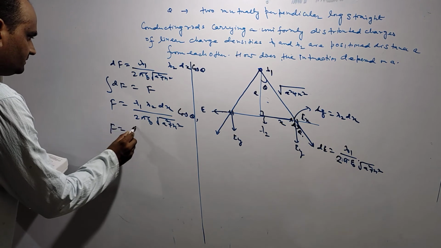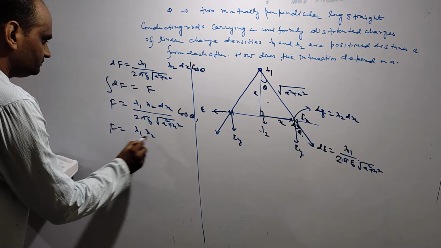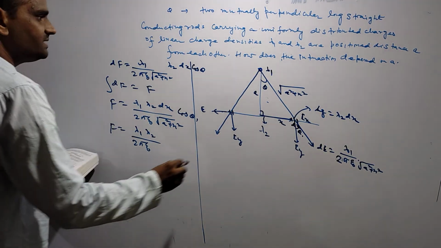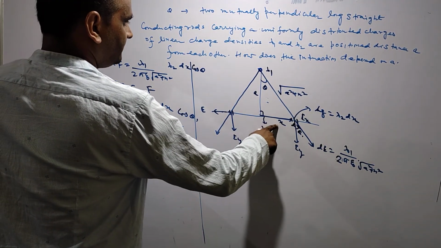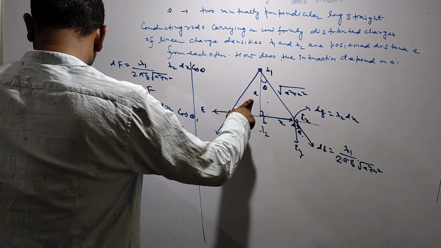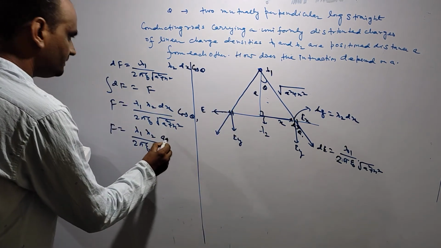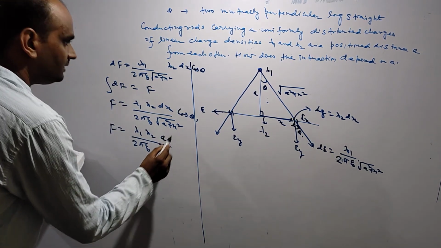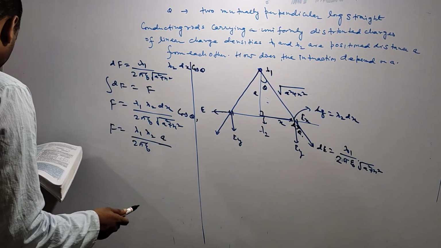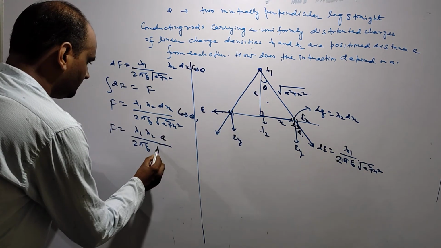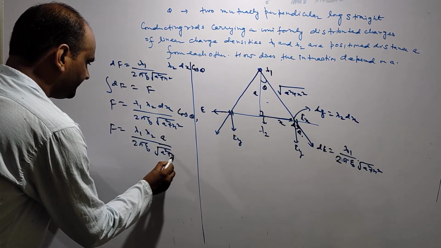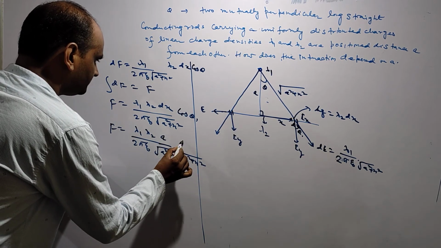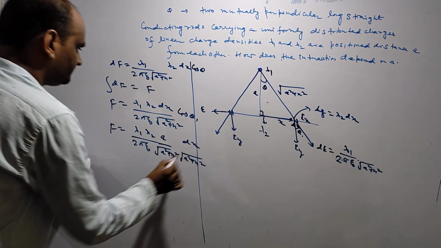So F is lambda 1 lambda 2 over 2 pi epsilon naught. Cos theta is nothing but perpendicular by hypotenuse, where the perpendicular is a and the hypotenuse is under root a square plus x square, and this is dx.